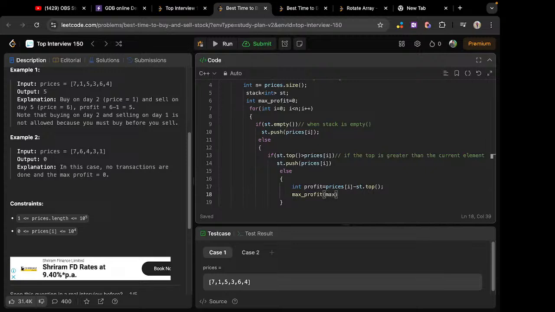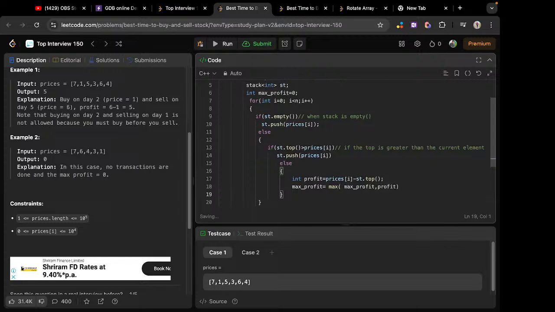Max profit is equal to max of max profit, comma, profit, that is current profit.